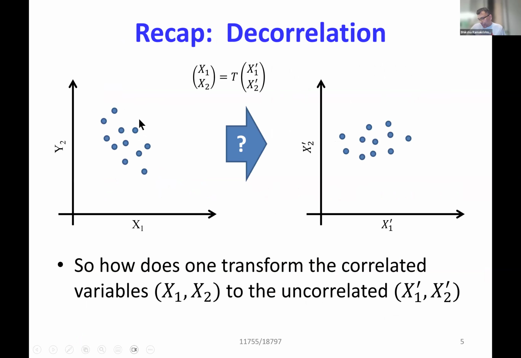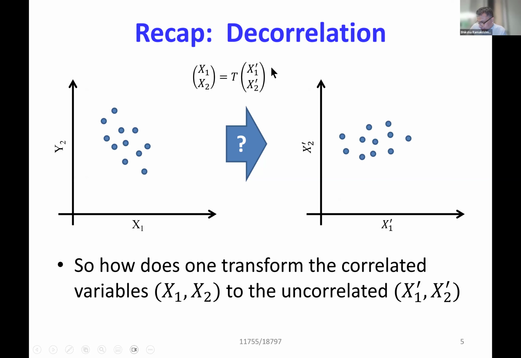And we also saw in the last class how we could make a pair of variables that are correlated, uncorrelated. Sorry, this should have been x2, not y2 over here. So if I have x1 and x2 which have a scatter of this kind, then I can transform the data vectors in some manner. This should be x1 prime, x2 prime equals T times x1, x2.